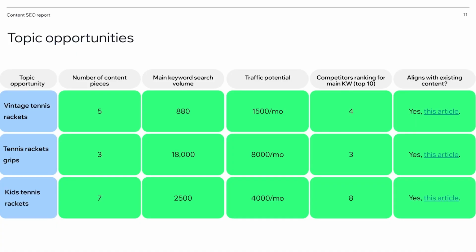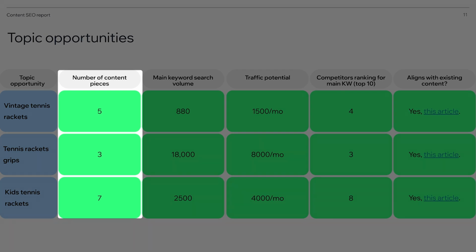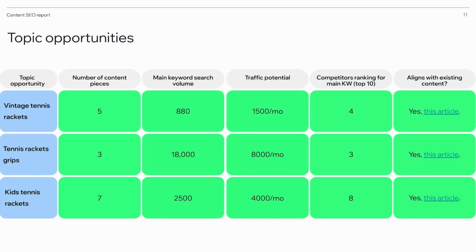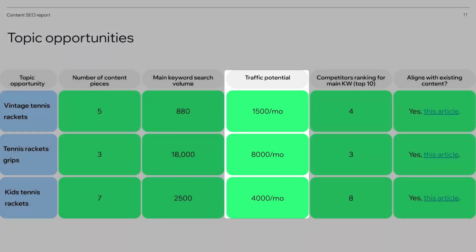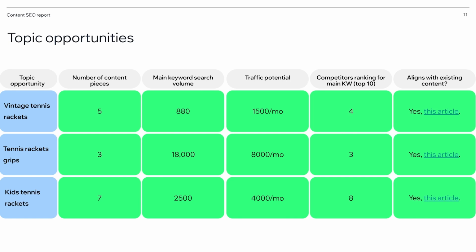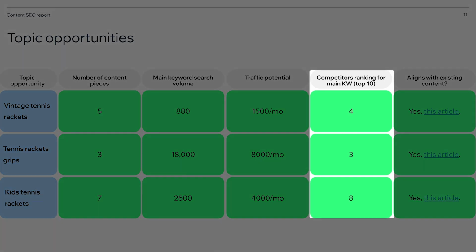Instead of presenting everything you looked at and all the search volumes, visualize it as topics with numbers of potential pieces of content around each topic and the traffic potential from each, if that's a metric you're using. It can be helpful here to show how many topics your competitors are ranking for as well.